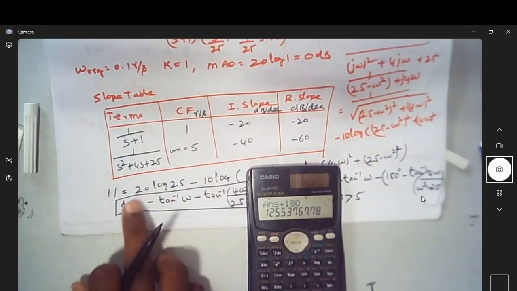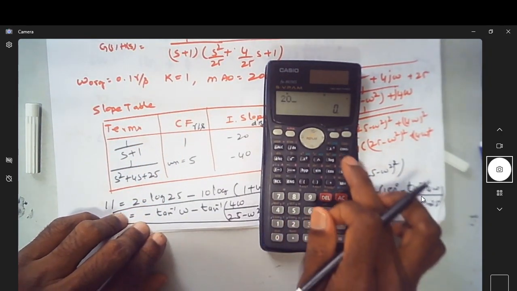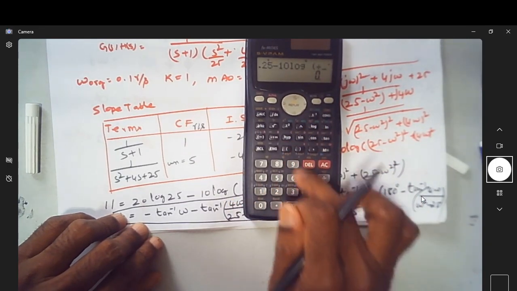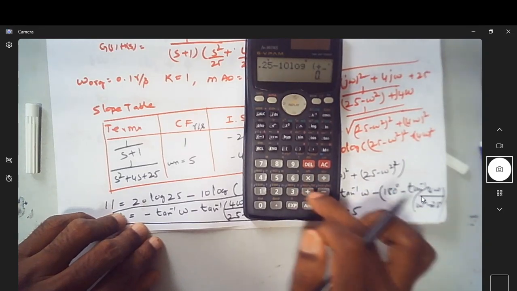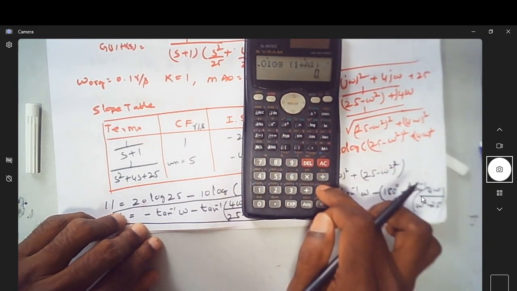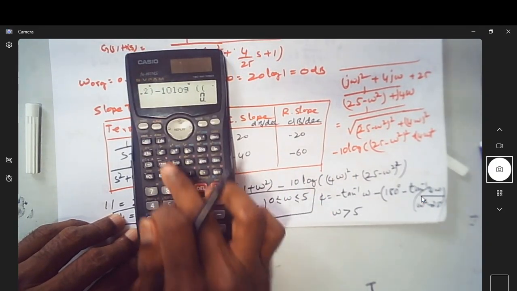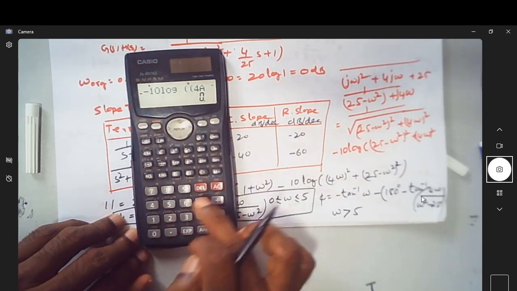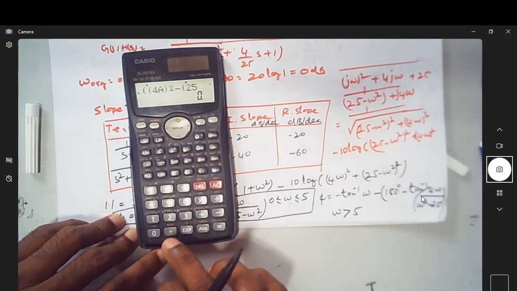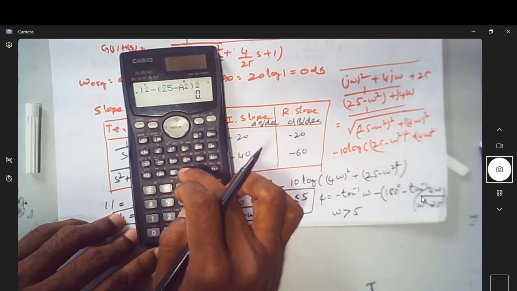So what I'll do, I'll feed this equation equated to 0. So now can I write it as 20 log 25 minus 10 log 1 plus alpha a square minus 10 log again 4 alpha a whole square minus 25 minus alpha a square whole square, close the parenthesis.